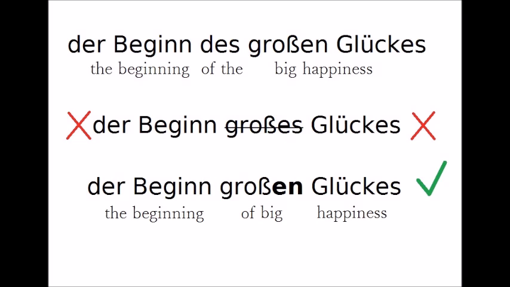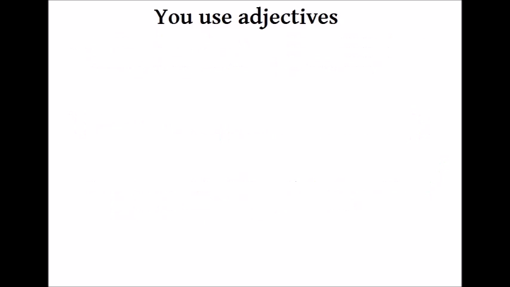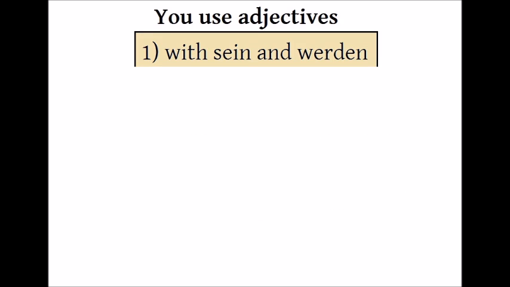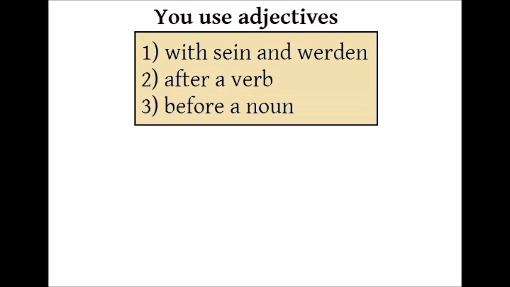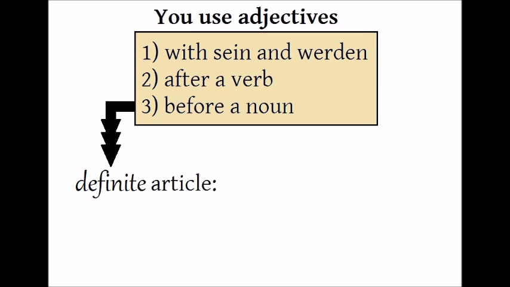Okay, let's repeat what we've learned. You use adjectives with sein and werden, after a verb and before a noun. When you add it before a noun, you need to add an ending depending on the article. The definite article has an e or en at the end.